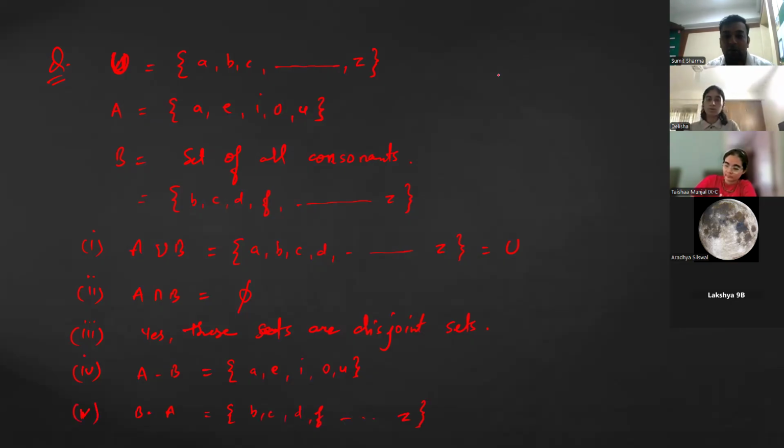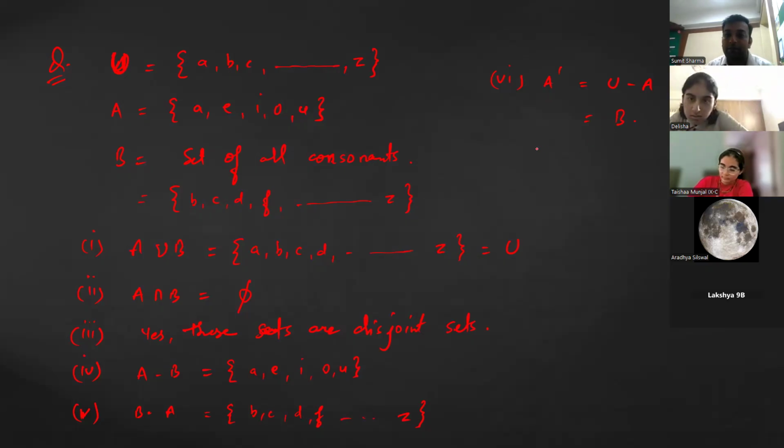And similarly, if we talk about A complement and B complement now, A complement is basically U minus A. So U is the set of all English alphabets. A is the set of all vowels. So U minus A will be equal to B. If you remove all the vowels from the English alphabets, then you are left with consonants only, right?